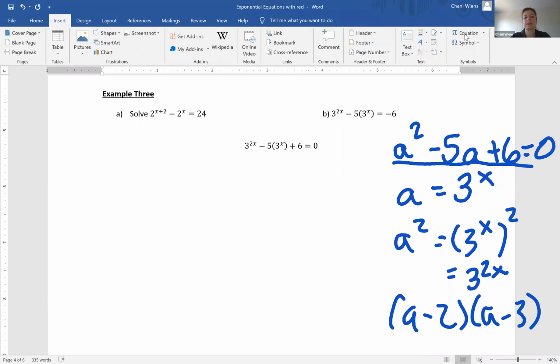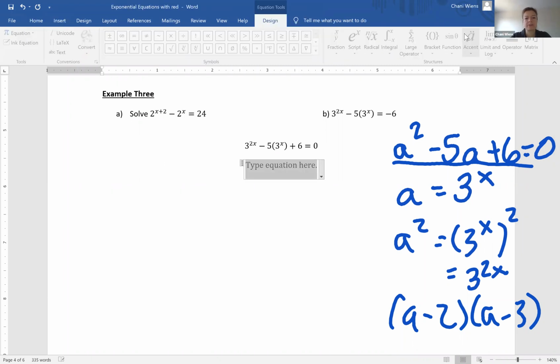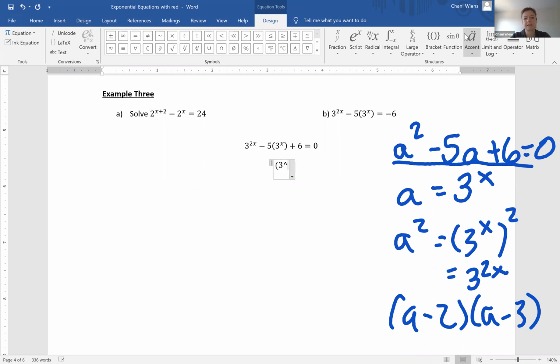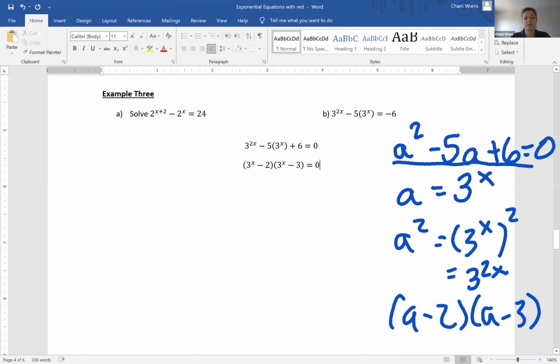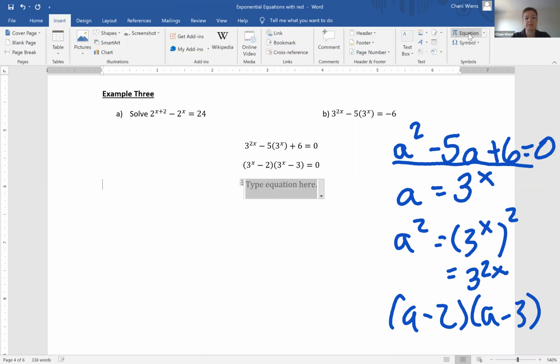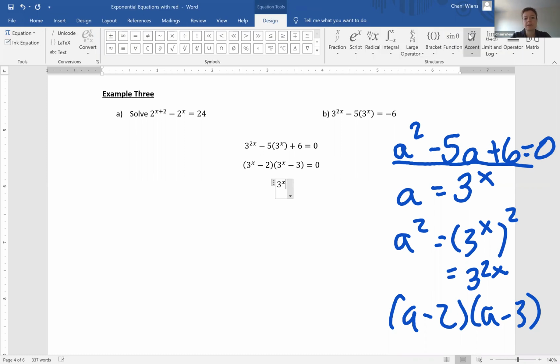So we're going to insert an equation here. So we have 3 to the x minus 2 times 3 to the x minus 3 equals 0. So that leaves us with 2 equations now to solve. Okay, so 3 to the x equals 2, and 3 to the x equals 3.